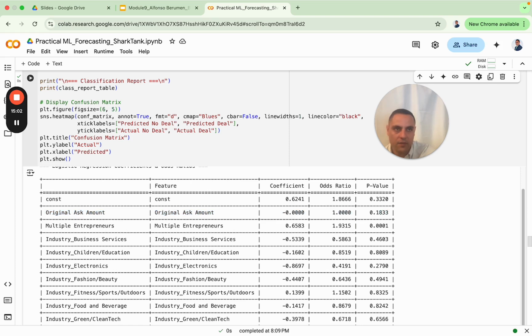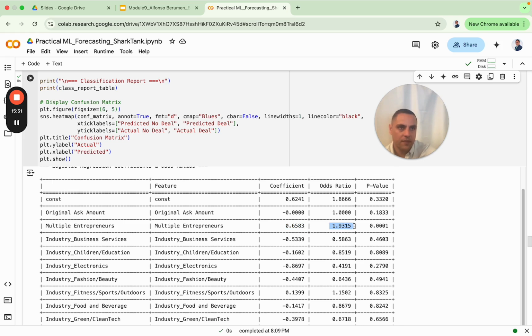There is all sorts of other output here that we'll look at in terms of the results, but some major takeaways: multiple entrepreneurs, right? So multiple entrepreneurs does have a relationship, right? And this coefficient's a little bit strange, and what's often helpful is to translate this to an odds ratio, right?